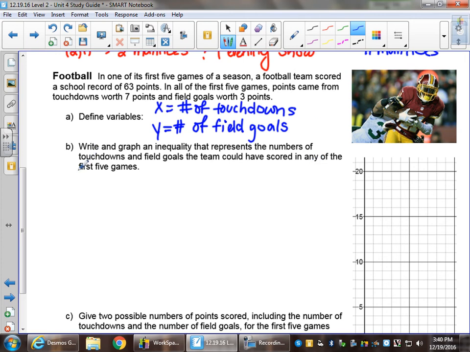So touchdowns are worth 7 points, so 7x plus the field goals, which are 3 points each. This is their record, right? So really think about what that means. If that's the most they've done, then it's possible for this combo to be up to that record.